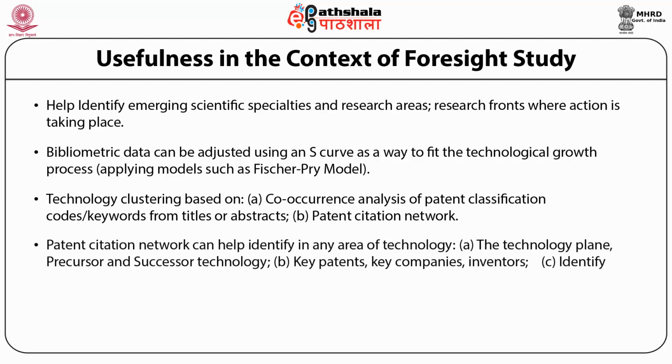Patent citation networks can help identify, in any area of technology, the technology plane, precursor and successor technology, key patents, key companies, inventors, and can help identify interactions between science and technology.